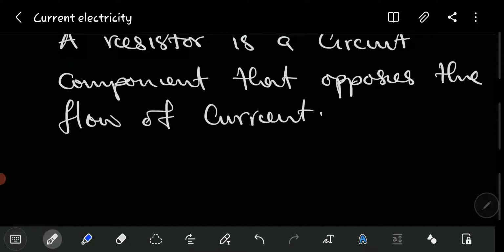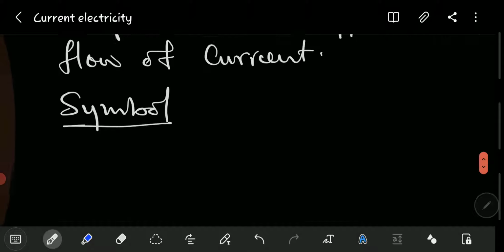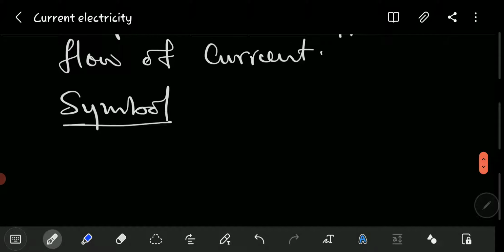However, we have special devices that are specifically meant to oppose the flow of electrical current, and these are resistors, and they are actually denoted by symbols.